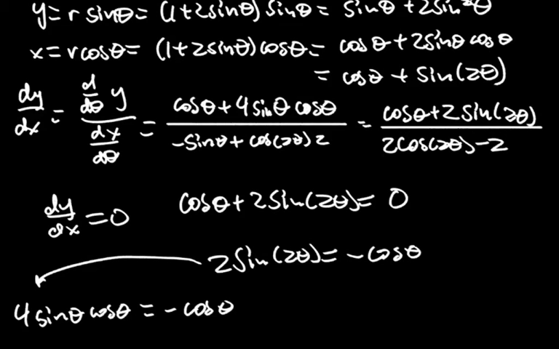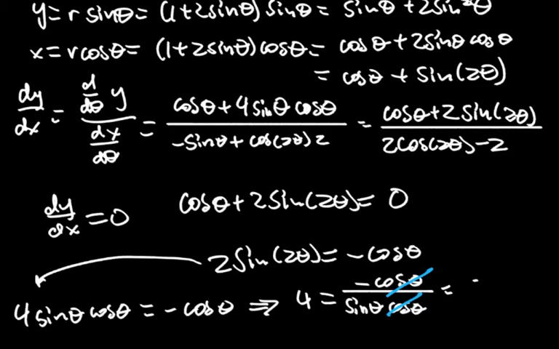Divide out sine and cosine, and then we'll end up with 4 equals, I'm just going to write this out so that we can make sure that we are dividing the correct things out. It's easy to lose things if you just skip. Okay, those get divided out, so we end up with negative 1 over sine of theta.